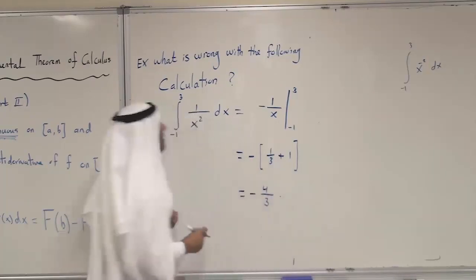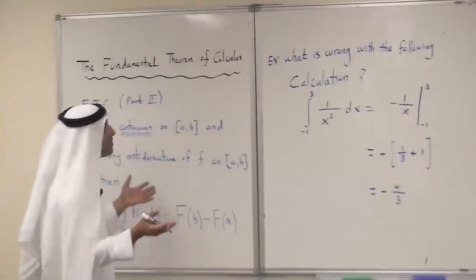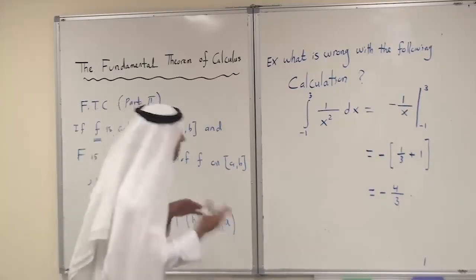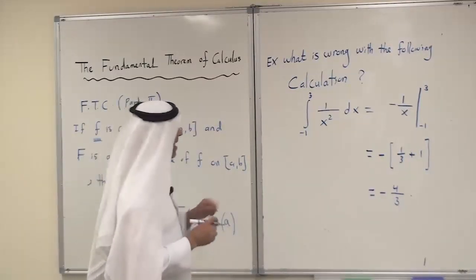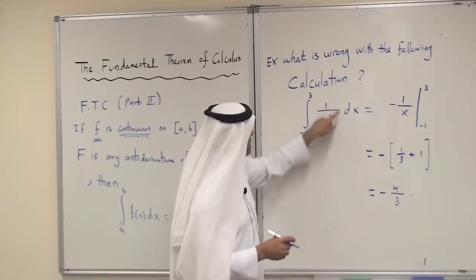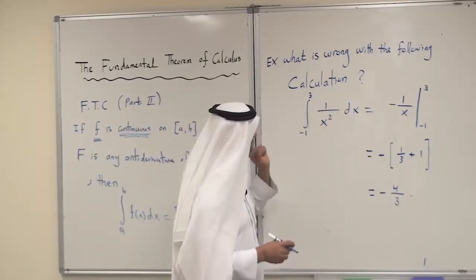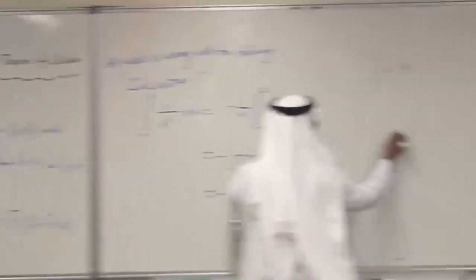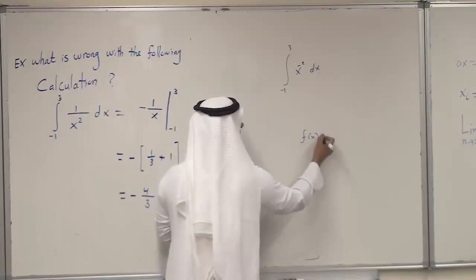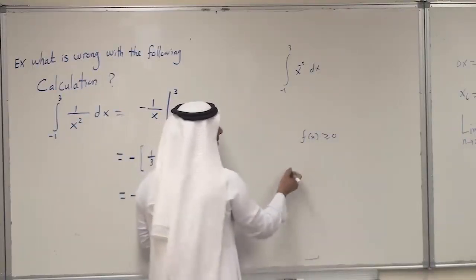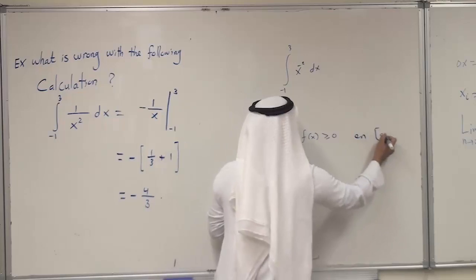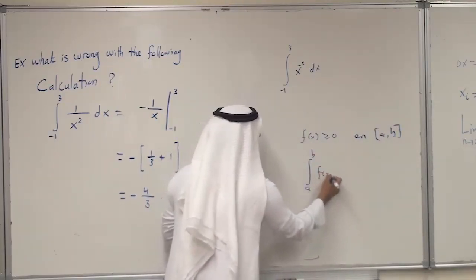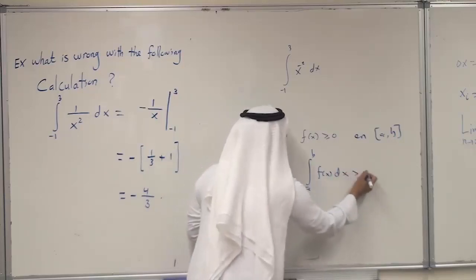And we'll stop here, and I need to discuss now what is the wrong step I did here. Does this make sense or doesn't it make sense? The integrand is non-negative, always greater than 0, okay? And we had one of the comparison properties for integrals which says that if the integrand is non-negative on [a, b], then the integral from a to b of the integrand dx is also greater than or equal to 0.